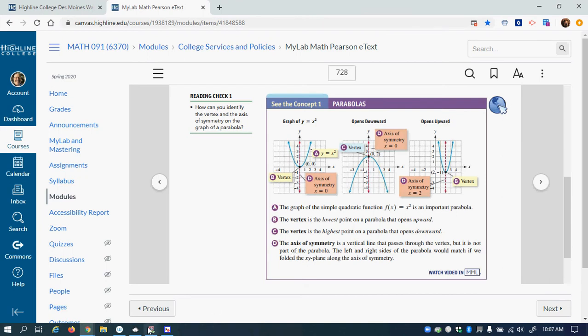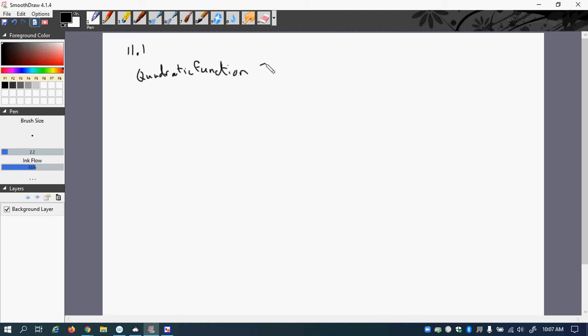So let's do that in the pad. So here for 11.1, we have a quadratic function in standard form.